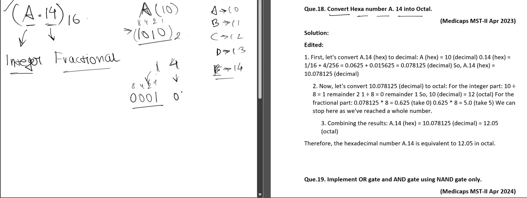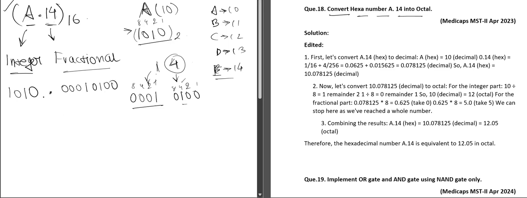And for 4, we will write 0100. Similarly, the weights are 8421, so if we write the bit 1 for the positional weight 4 only, it will give us an equivalent of 4. So for the integer part we are getting 1010, and for the fractional part we are getting 0001 0100.